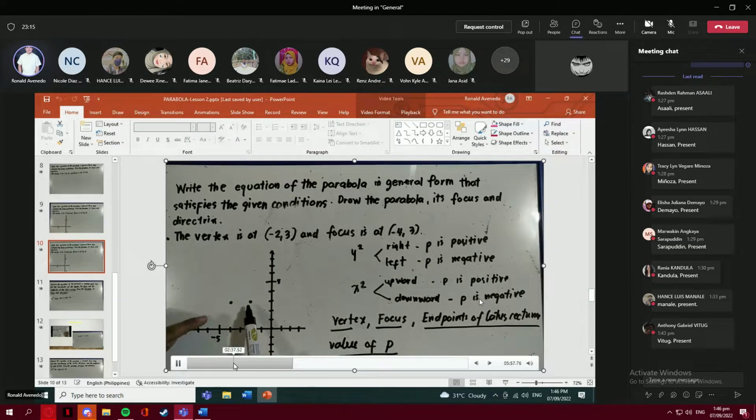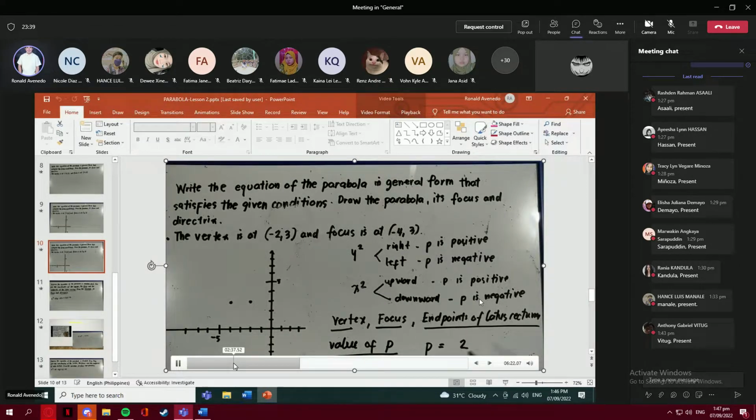So from the vertex to the focus, ito yung vertex natin, ito yung focus, we will just count. So from here, we have 1, 2. Meaning to say, our P here is 2.